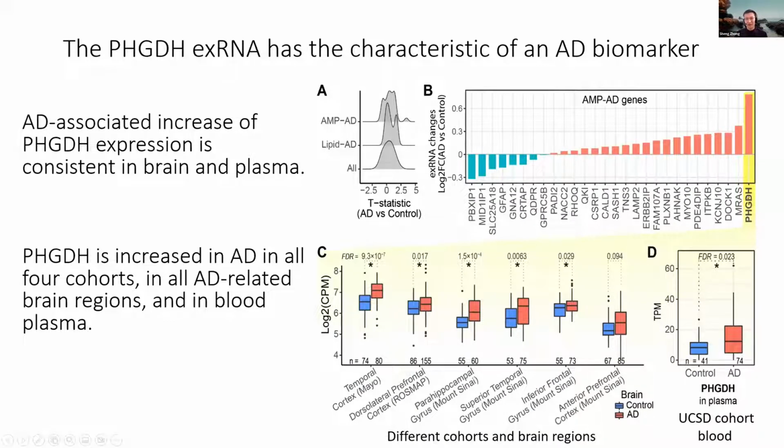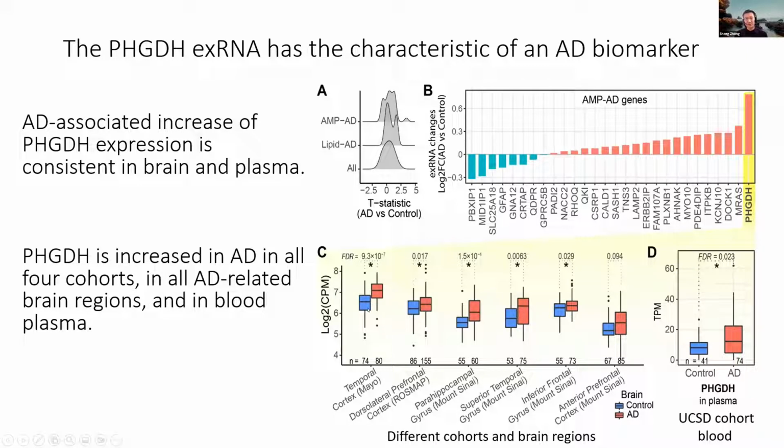If we expand this gene, on this panel C, this is a plot of this gene PHGDH expression level in every cohort and every analyzed brain region related to Alzheimer's disease. The box plot in red is the distribution in AD brain, whereas the box plot in blue is the distribution in the control brain.